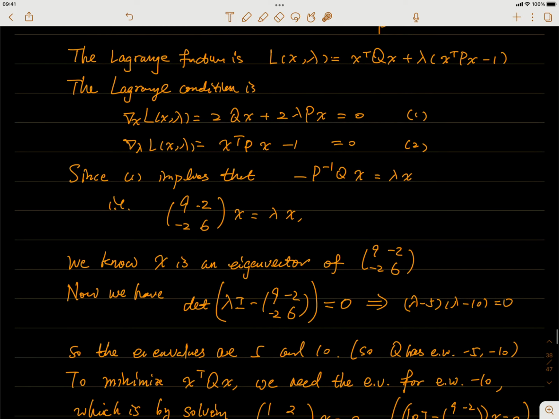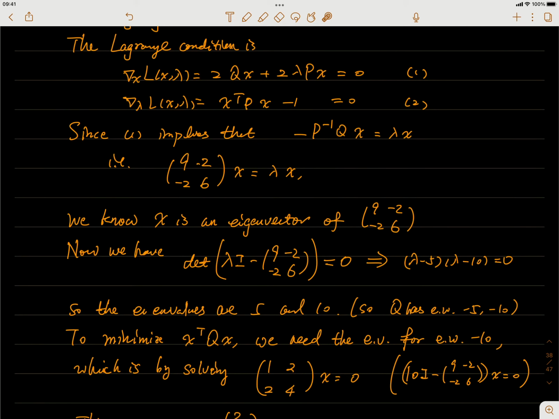But since we're trying to minimize this, we should choose x as an eigenvector corresponding to the minimum eigenvalue, which is negative 10. So in this case, we're choosing x to be the eigenvector. EV is a shortcut for eigenvector, EW is for eigenvalue.